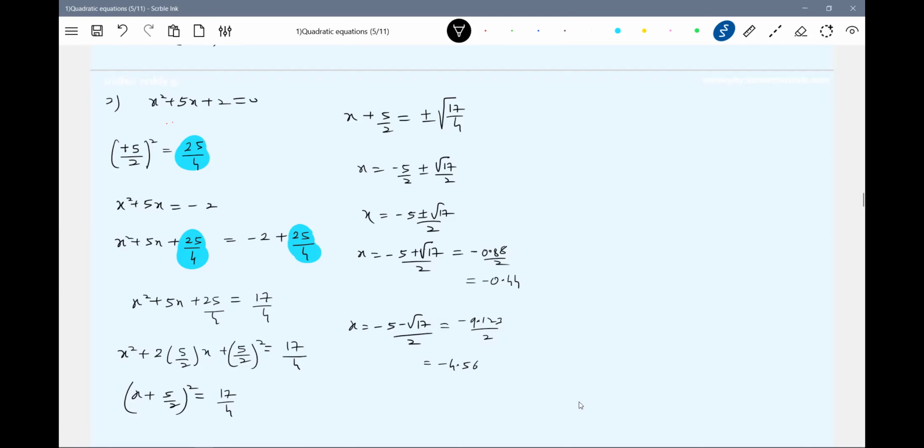So some approximation I did. Okay, these are the two roots I'm getting. So what does it mean? Again, if I plot a curve, it is going to intersect the x-axis at these 2 points here. So now I can very confidently say that it is going to intersect the x-axis.